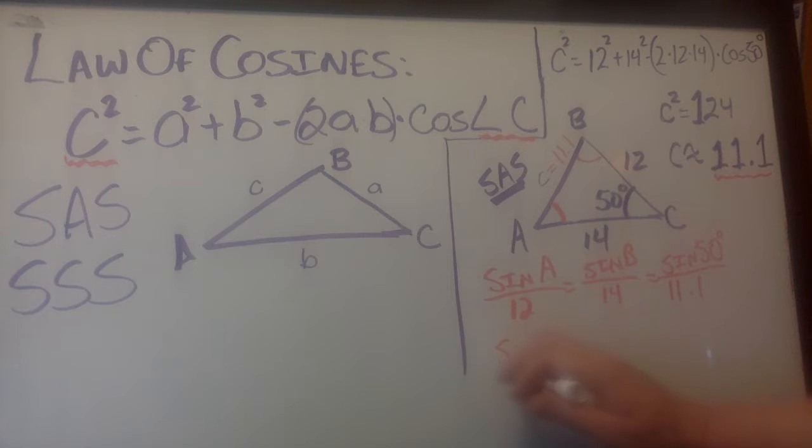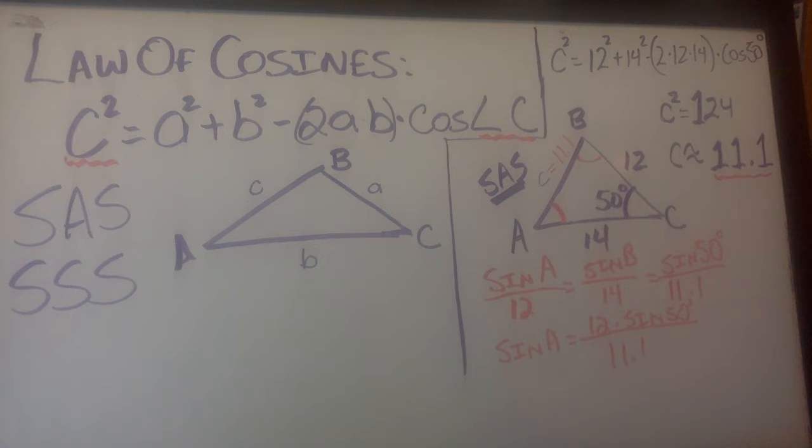So what you want to do is the sine of angle A over 12, so we cross multiply and divide. Sine of A is equal to 12 times the sine of 50 divided by 11.1.